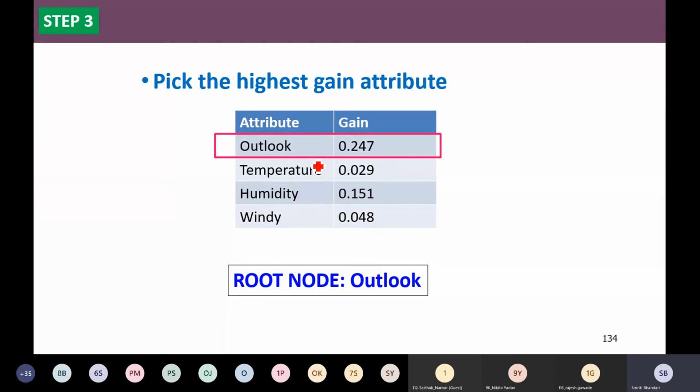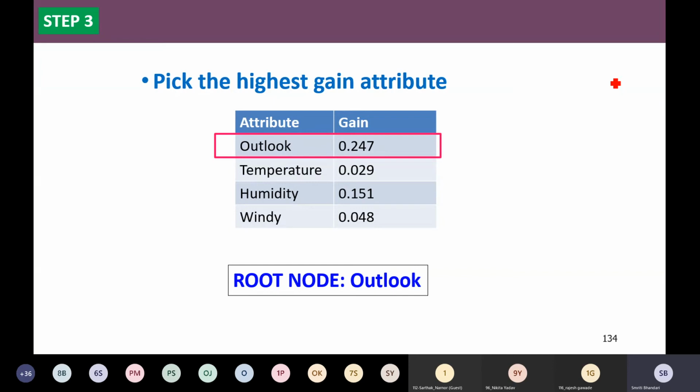Out of all these four attributes and the respective gain values, we identify that attribute outlook has the maximum gain. Right? Outlook has maximum gain. So this outlook attribute we are going to select as the root node for our decision tree.